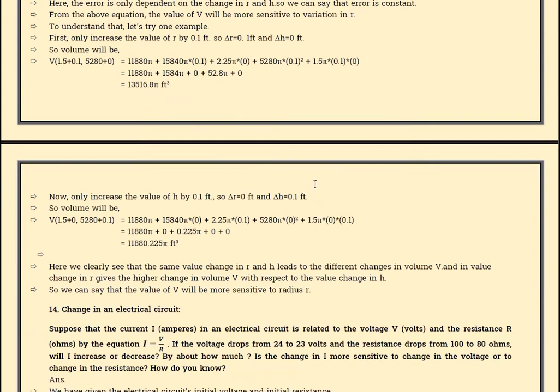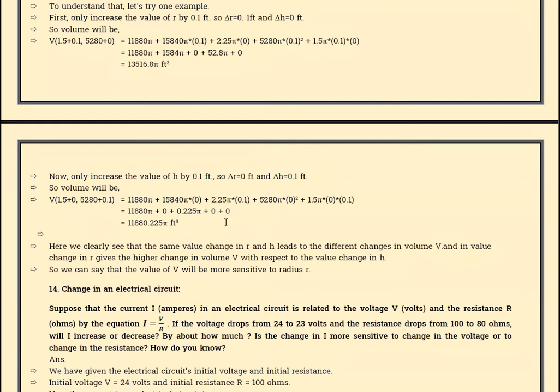So our ΔR is equal to 0 feet and ΔH is equal to 0.1 feet. So our volume becomes as following. Here we clearly see that when we increment the radius, our volume becomes very large compared to when we increase the height. So from that we can say that our volume is very sensitive to radius or diameter.